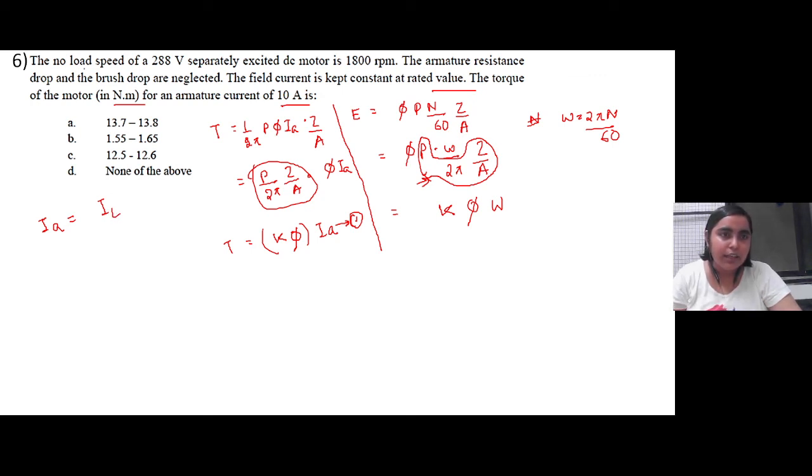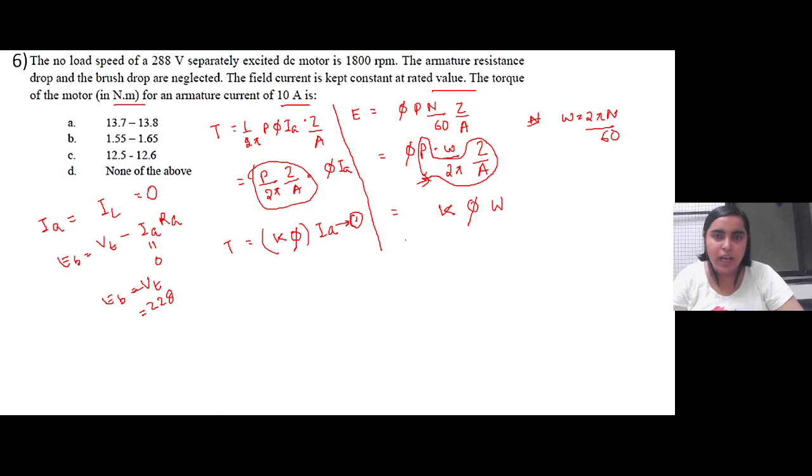Since it is given that this is the voltage at no load speed, the current is equal to 0. So from the equation we have EB equal to VT, the terminal voltage, minus the drop in the armature resistance. Now this drop is equal to 0. So EB is equal to the terminal voltage, which is equal to 228 volt.